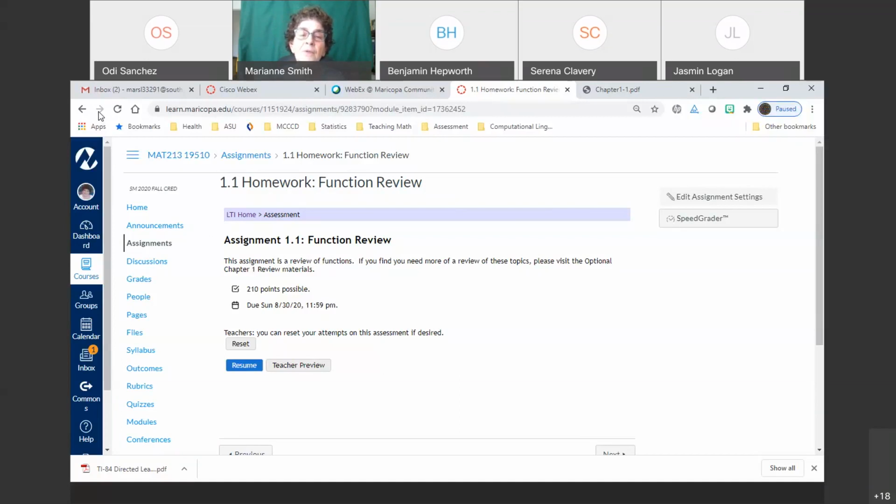So it's up to you to use the late passes to manage your time. The idea is I wanted to give you some flexibility with due dates, and this homework management system allows the use of late passes. So if you see your assignment become past due, you should see a link for use late pass come up, and you'll be able to use one of your late passes to finish it.